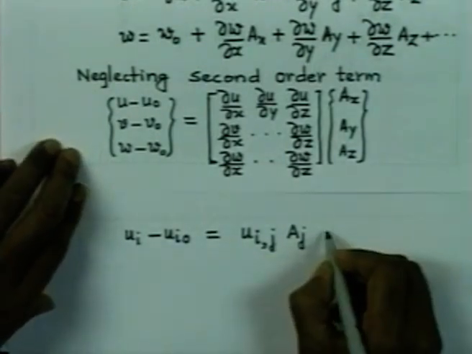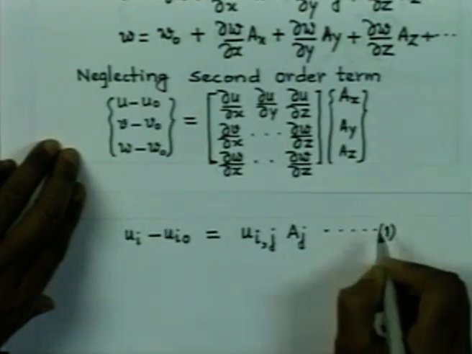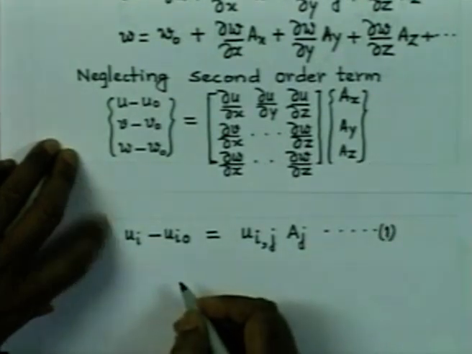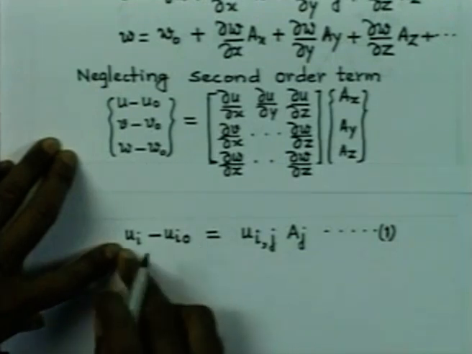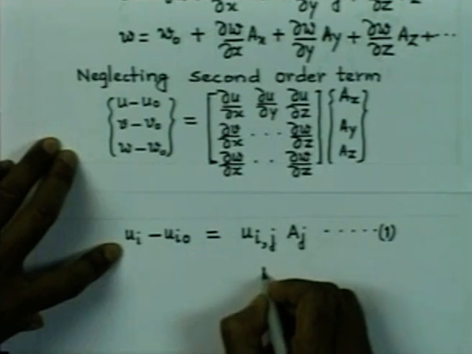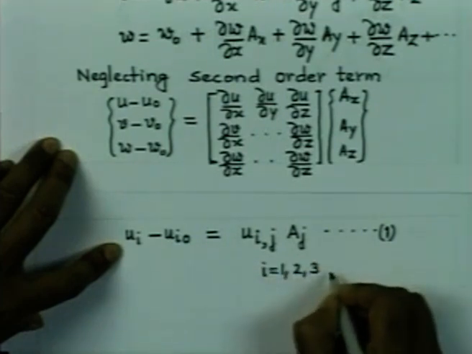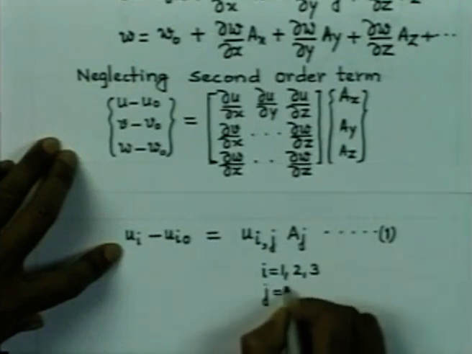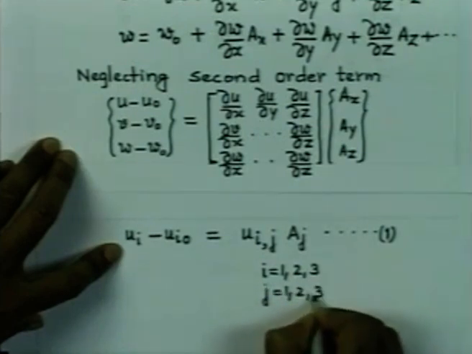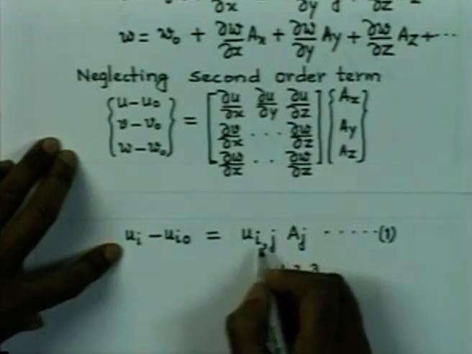So, this relationship let us indicate by 1. Herein this gives ui minus ui 0. Herein of course, we have assumed that i is taking up values 1 to 3 and j is also taking up values 1 to 3, and this ui comma j indicates really all the derivatives.